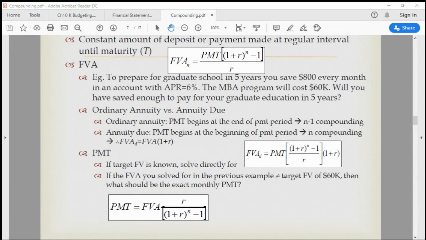But master's programs are 2-year programs, basically, if you finish ideally within 2 years. So you have a target amount here, right? When you go to graduate school, you will need at least $60,000.